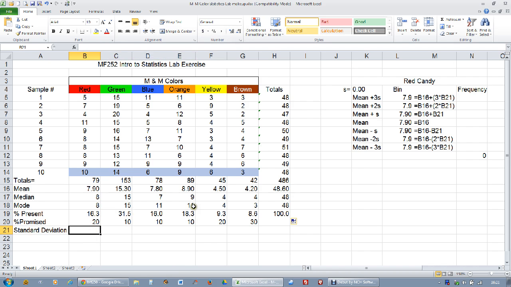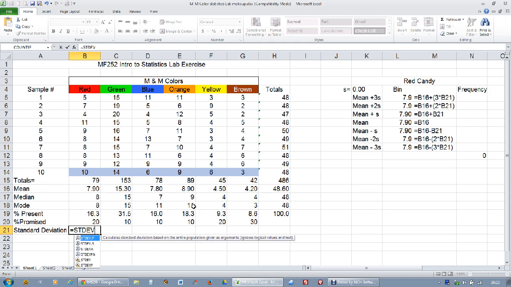Now, standard deviation. If you remember from class last Wednesday, we talked about the sum of the difference from the sample and the mean squared divided by the number of samples minus 1, and then take the square root of that. Well, instead of typing up a long formula for that, we have a formula for that in Excel.